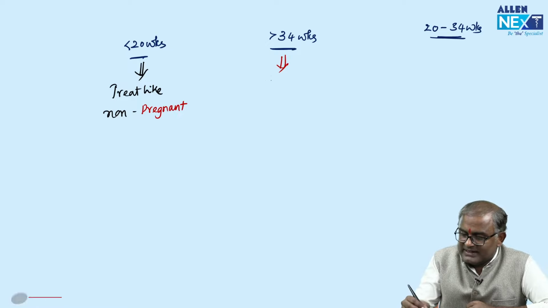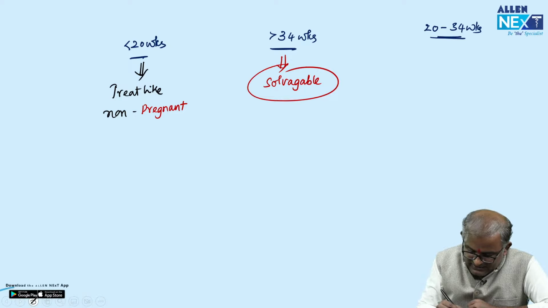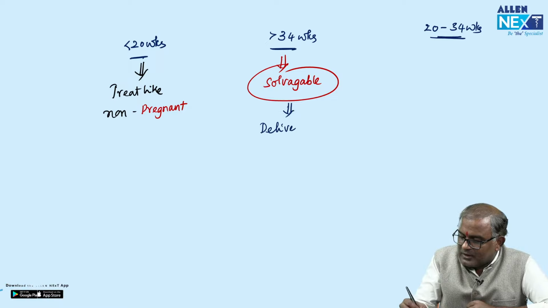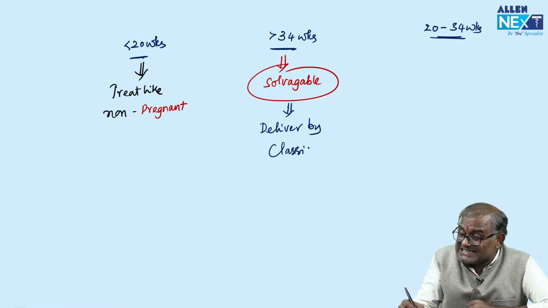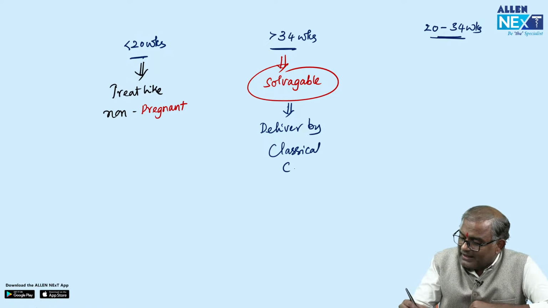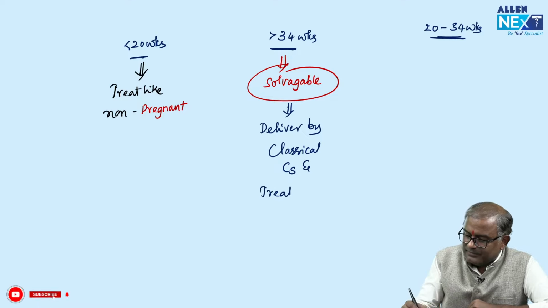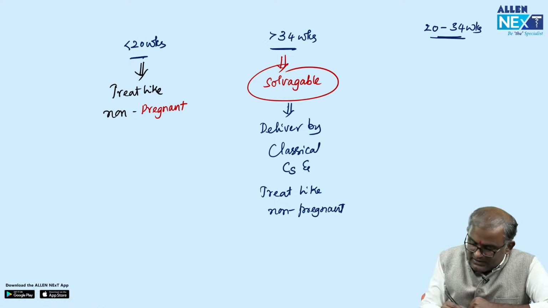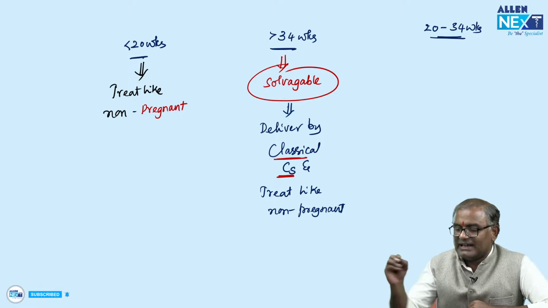More than 34 weeks, if it is a salvageable baby, we will deliver by classical cesarean section, golden point, and treat like the non-pregnant state. You got the point, dear doctors? So salvageable baby, we will deliver by classical cesarean and treat like the non-pregnant state.